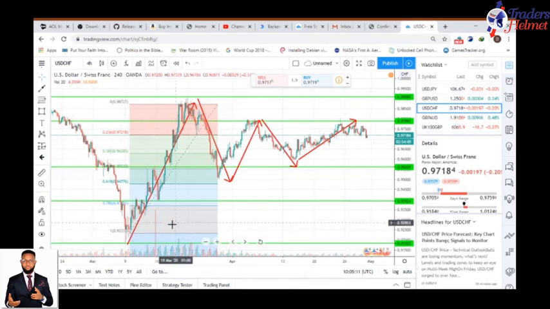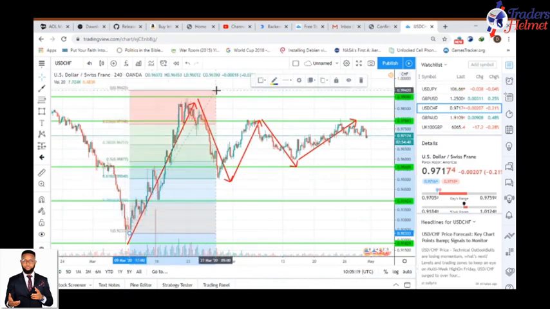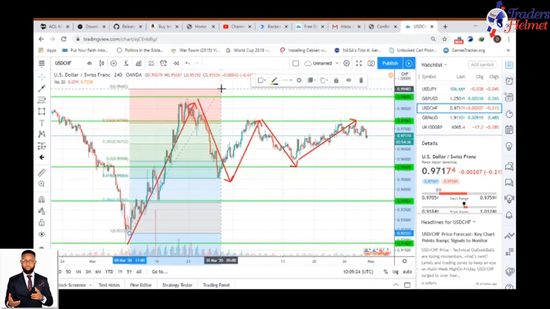Okay, so guys, generally we use this to know the retracement level, Fibonacci retracement.